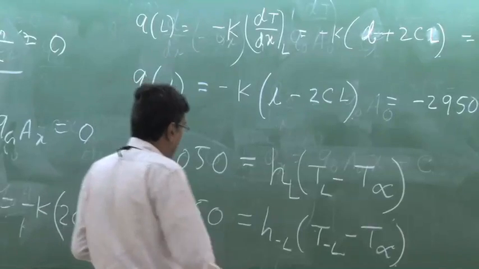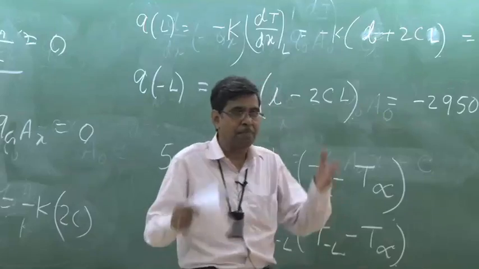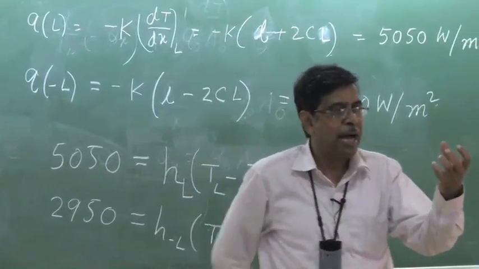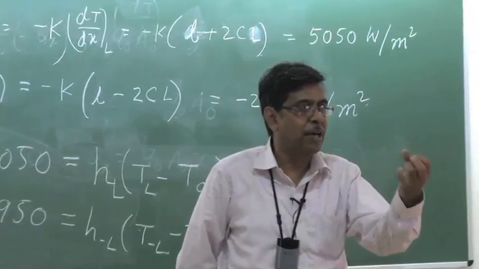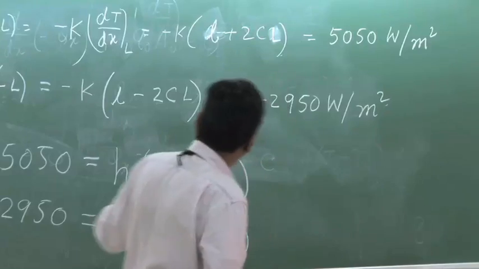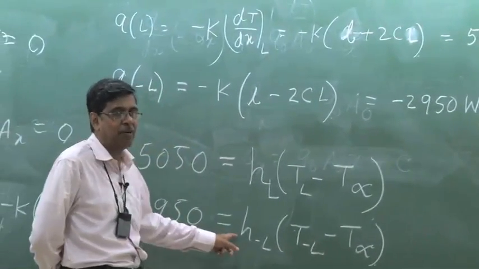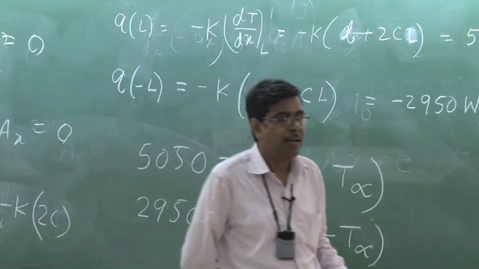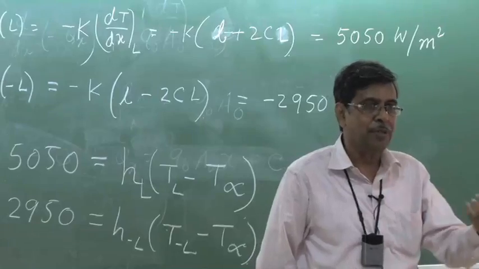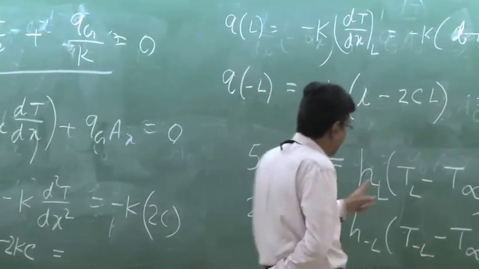Whenever I am finding out with the surface temperature minus the free stream temperature, the surface temperature is always higher than the free stream temperature. You understand, I am not finding out with the directions, I am finding out the quantity of heat that is being transferred by convection. So therefore I will not do it with the plus minus sign. In that case a scalar quantity like h would come as a negative value. h is always positive, it is a heat transfer coefficient. So the scalar value of the heat transfer is being equated with this.